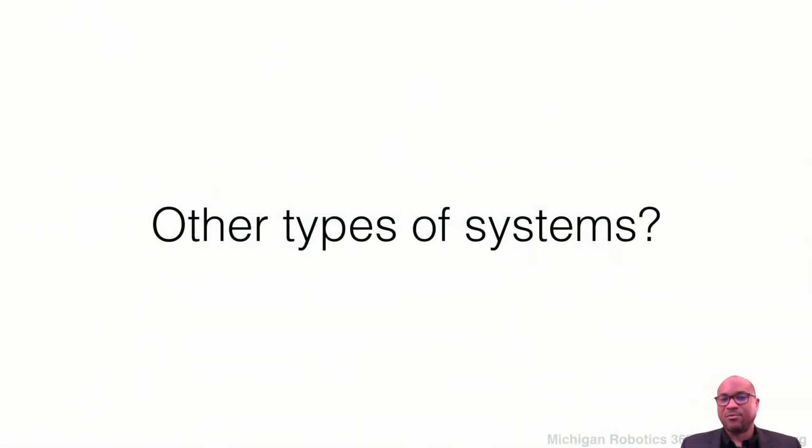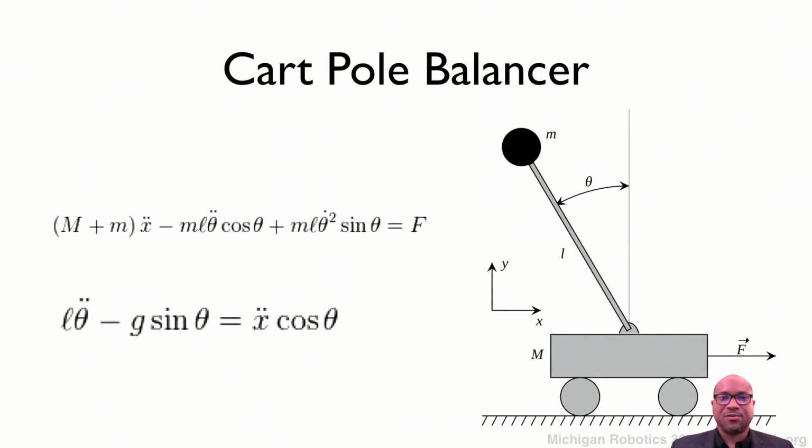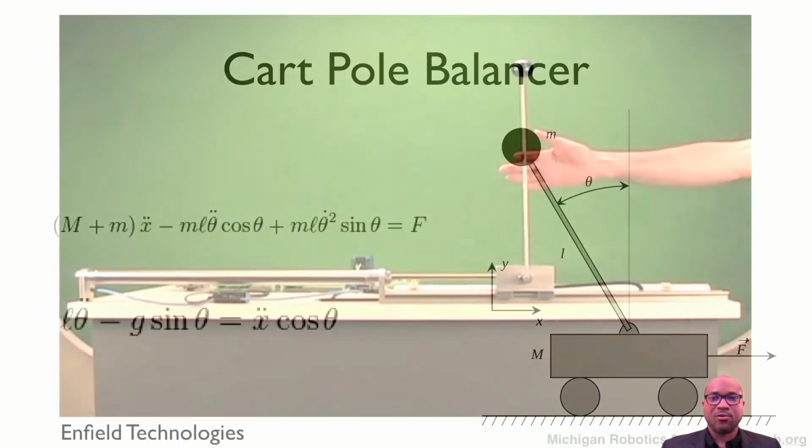This doesn't have to work for just the Pendularm. It could work for many other types of systems as well. One thing that you'll see commonly in the controls literature is the cart pole balancer. I'm just flashing the equations of motion for this, but our cart pole looks something like this.